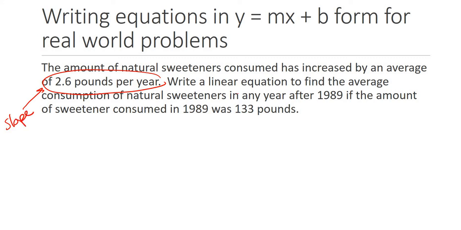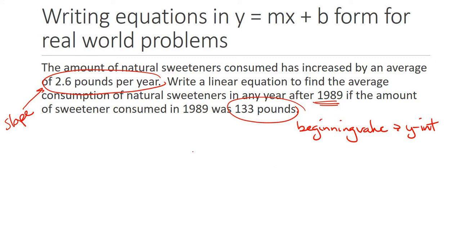Write a linear equation to find the average consumption of sweeteners in any year after 1988 if the amount of sweetener in 1989 was 133 pounds. This is my beginning value. And a beginning value is the same as a y-intercept.